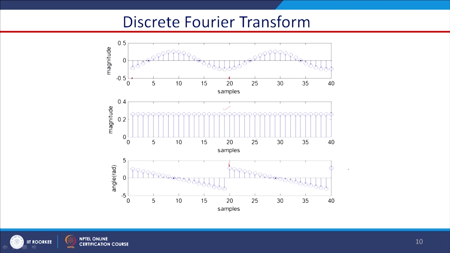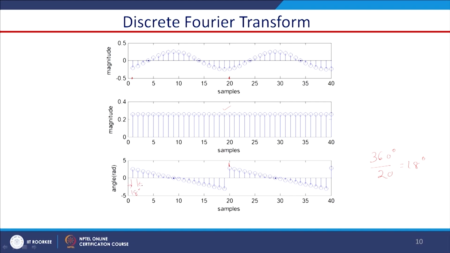If you calculate the angle between two samples, it will be 18 degrees, because we have 20 samples and the angle is 360 degrees divided by 20. So, between two samples the angle difference is 18 degrees.